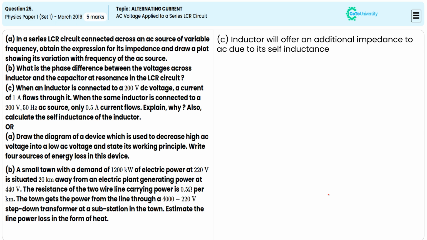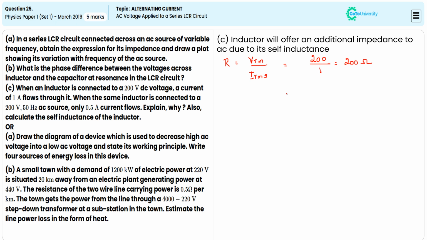Then we can write R is equal to VRM divided by IRMS, which is 200 divided by 1, which is nothing but 200 ohms.